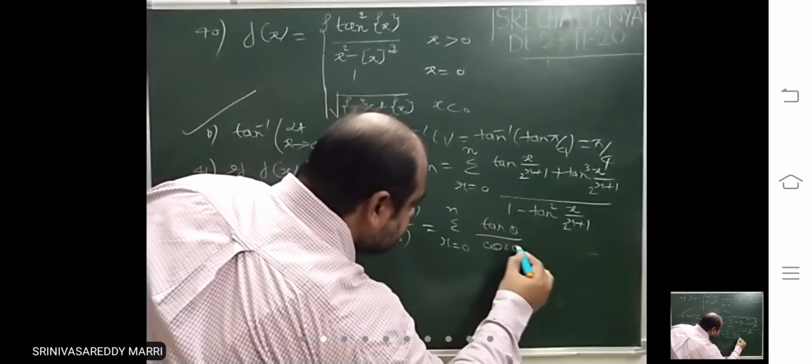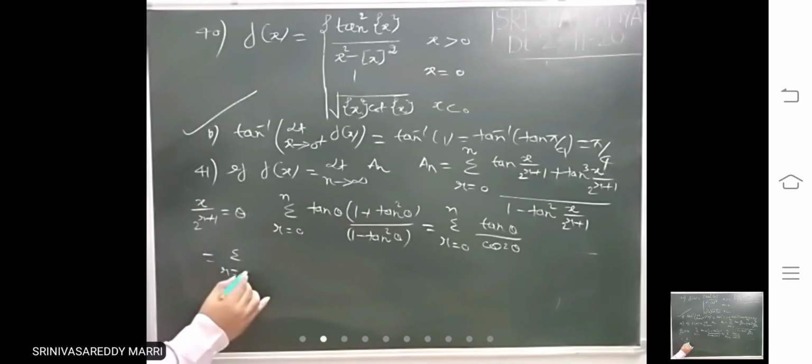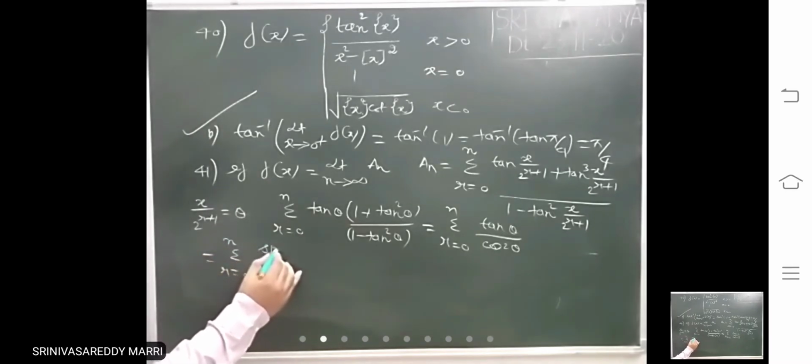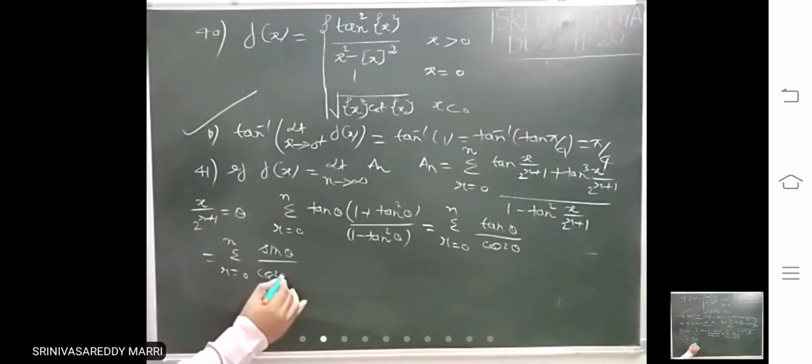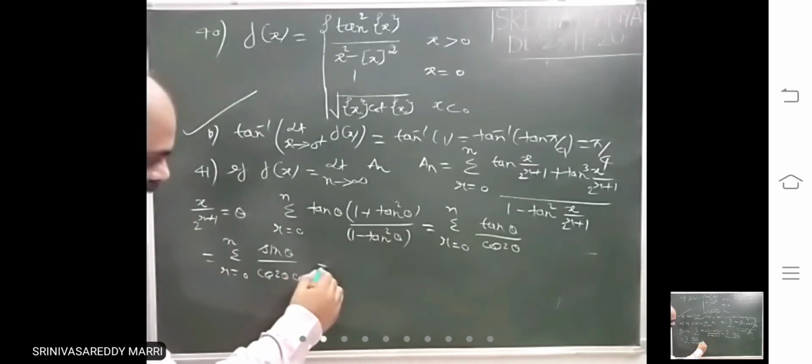Further simplifying, sin theta divided by cos 2 theta cos theta, since tan is sin by cos.